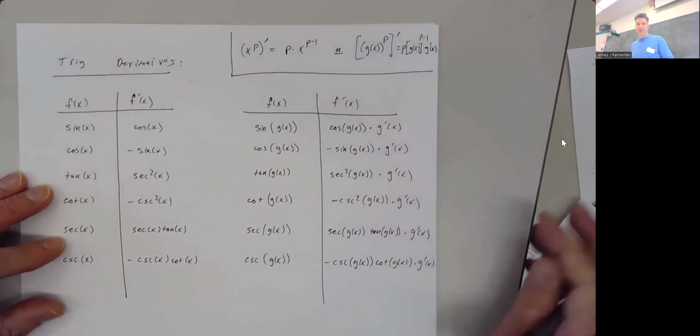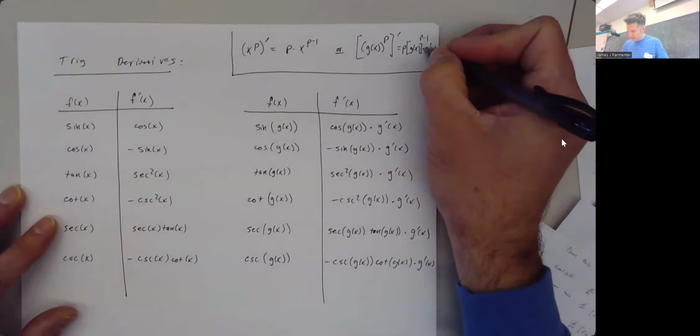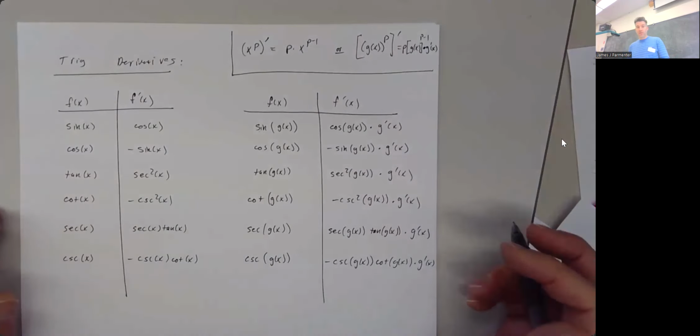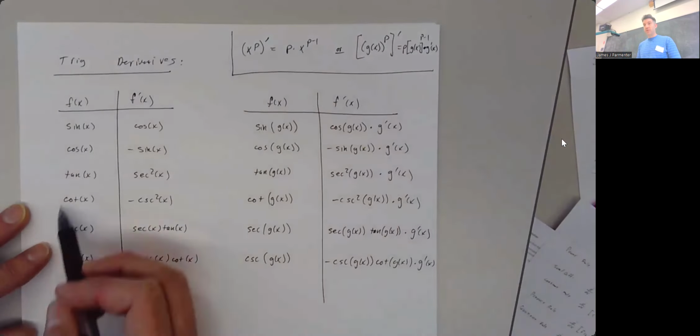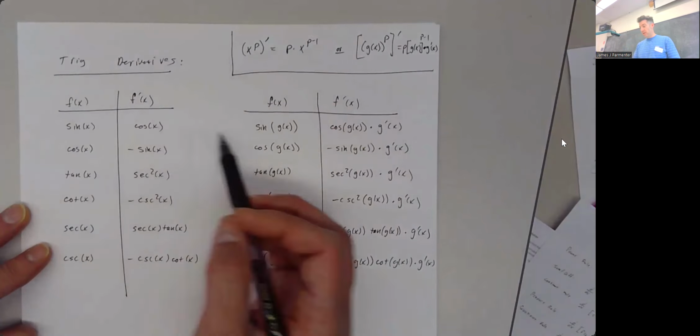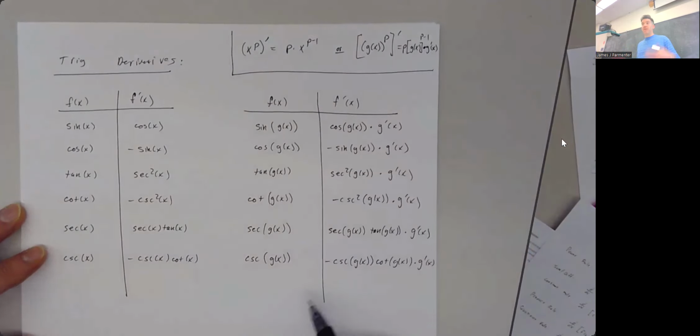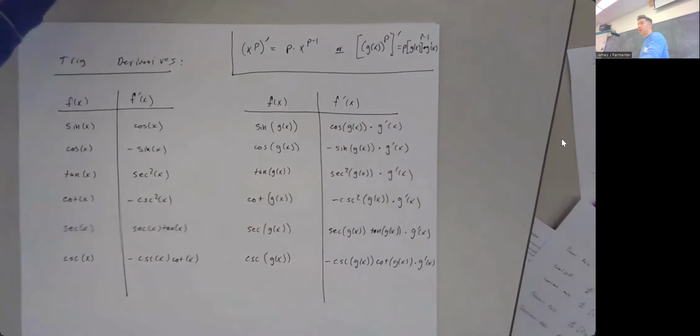Sorry, and I'm squeezing that in there really kind of terribly. So there's all like the regular versions of derivatives we know. There's the chain rule versions. And the only difference really is that the inside part or the argument of the function is more complicated than just x. And then at the end of the day, we multiply by the derivative of that inner function. That is the chain rule in a nutshell.